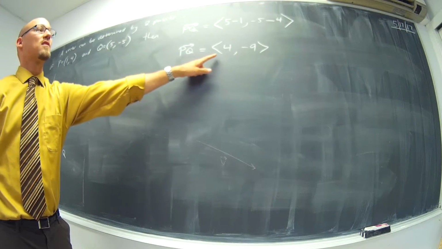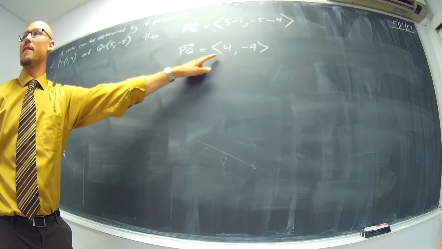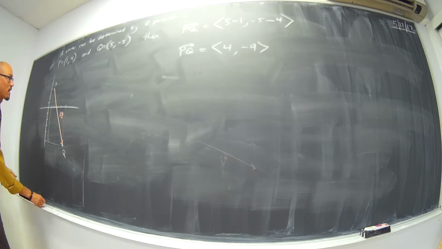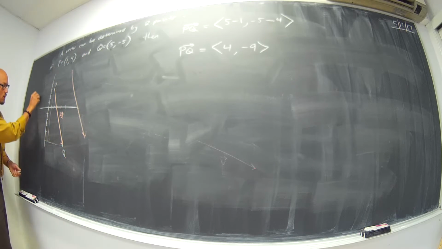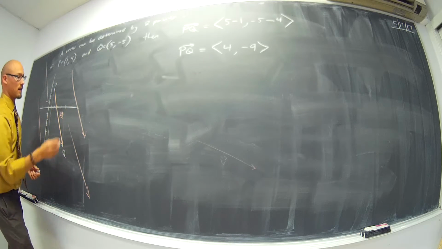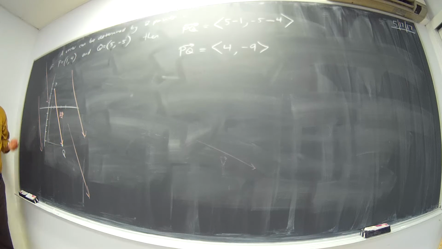This is a vector that has a certain length in a certain direction, but this could be anywhere. Vector PQ could be here, or here, or here, as long as it drops 9 and goes over 4. So if it's just a vector like that, you don't know where it is. You just know its direction and the length of it.